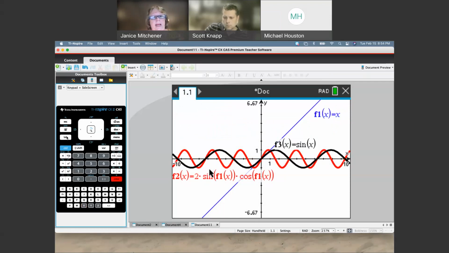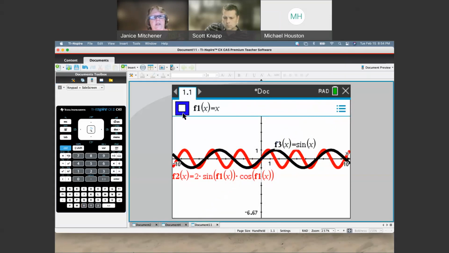I'm going to hit tab, arrow up, and I'm going to turn off my F1 because that's just a little bit distracting. Okay, so in the chat room, what do you think your students would put in for F1 in order to try and get my final answer to be sine of x when it's finally reduced? So that's what my students would play around with. Do you have some thoughts on what your students would do when comparing my F2 to the F3?